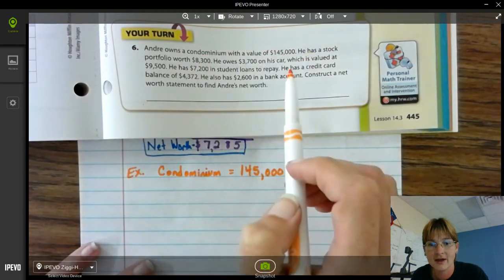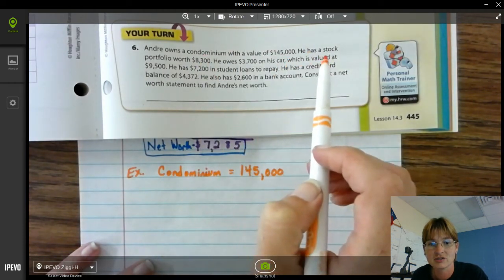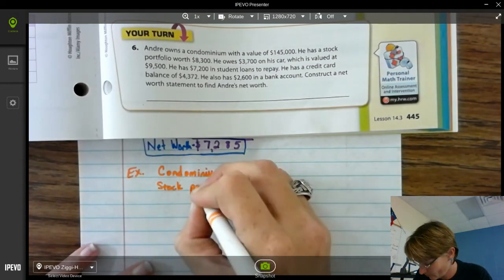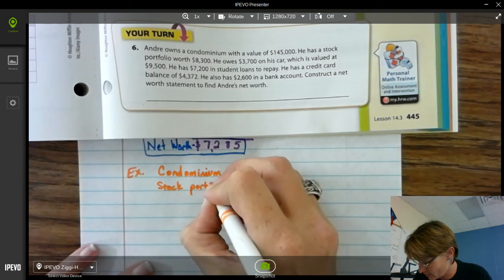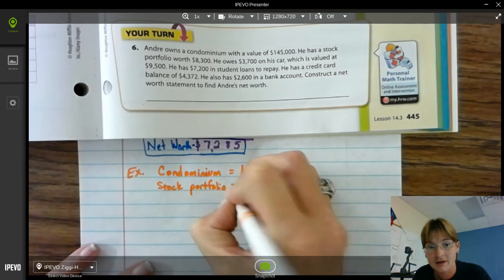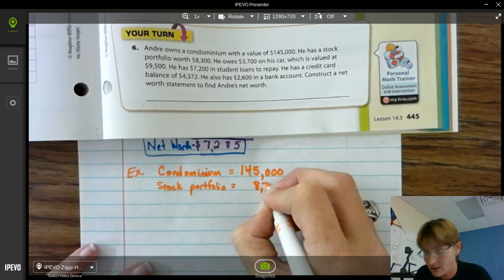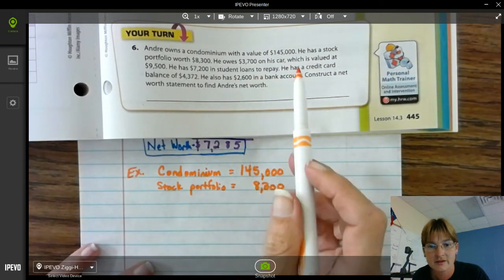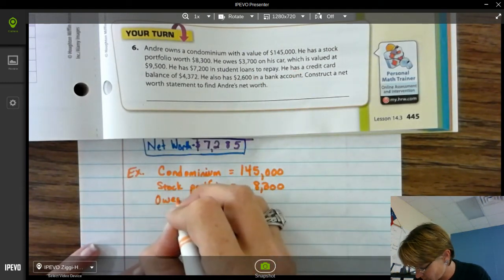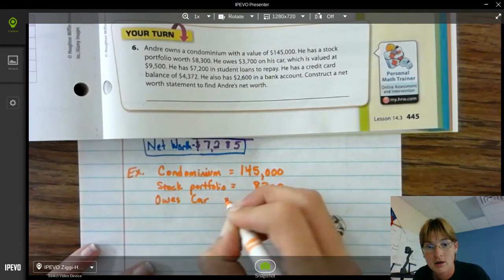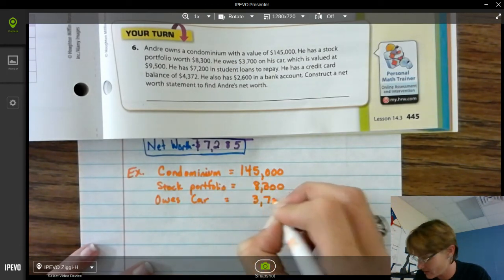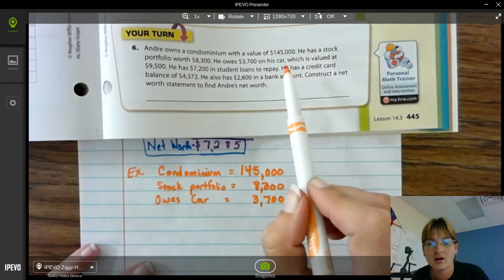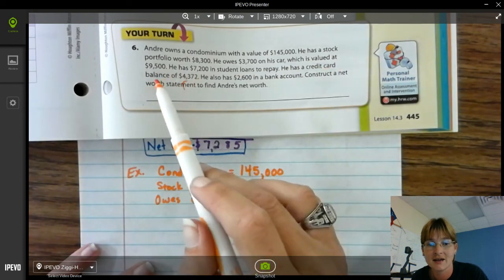He has a stock portfolio. That is 8,300. He owes on his car, so owes car, and that is 3,700.